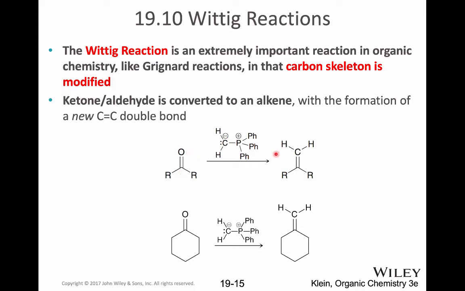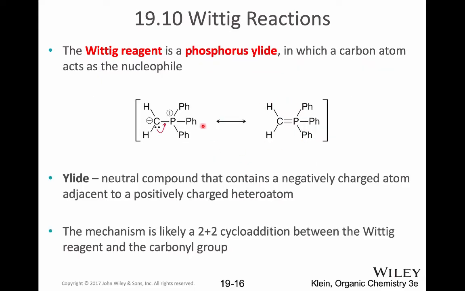Now let's talk a little bit about where this carbon nucleophile comes from and what this really is. You might be thinking this looks like a really weird molecule, and it is a really interesting kind of weird molecule. This is called the Wittig reagent, and the Wittig reagent is something that we call a phosphorus ylide. In the phosphorus ylide, you have a formal negative charge.